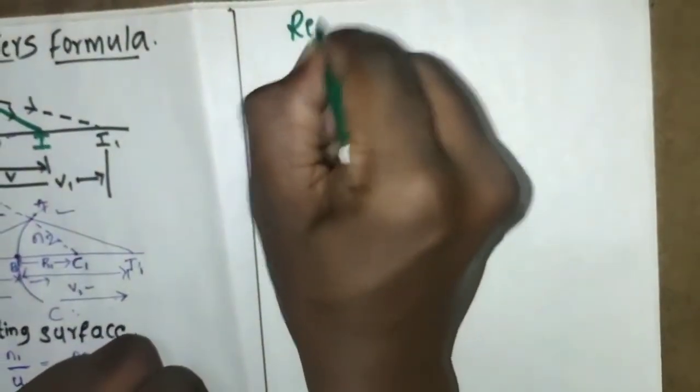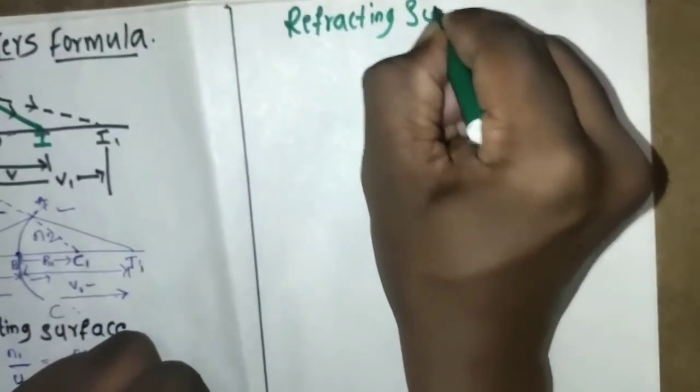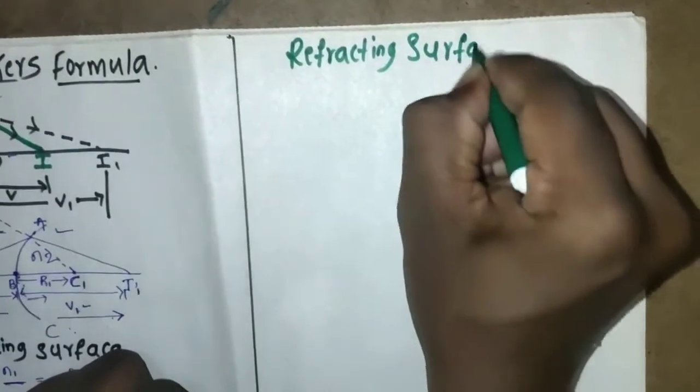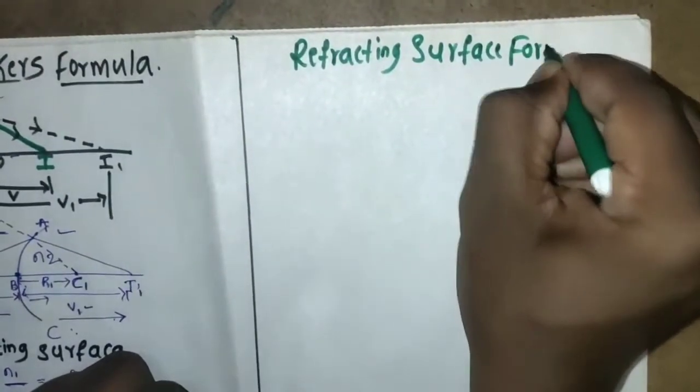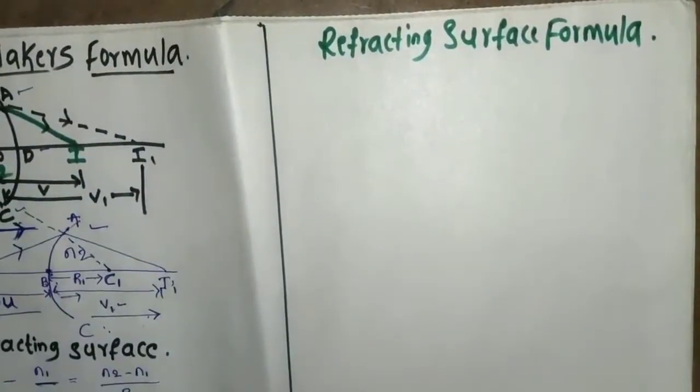Okay, now again I will write the refracting surface formula. For this surface I will write the refracting surface formula.